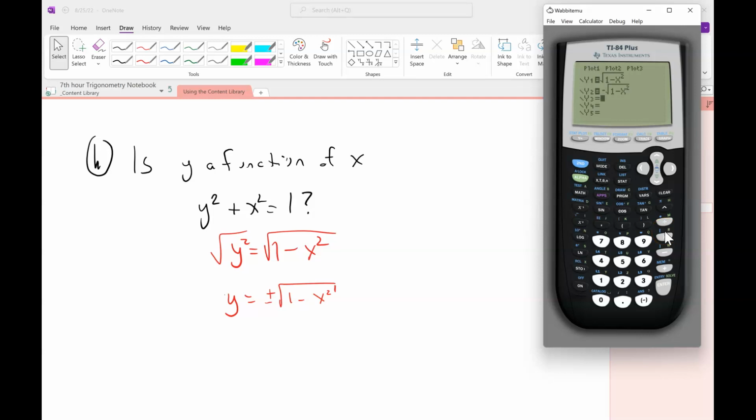Everybody's okay? Let's hit graph. Maybe pick a little bit more appropriate of a window.